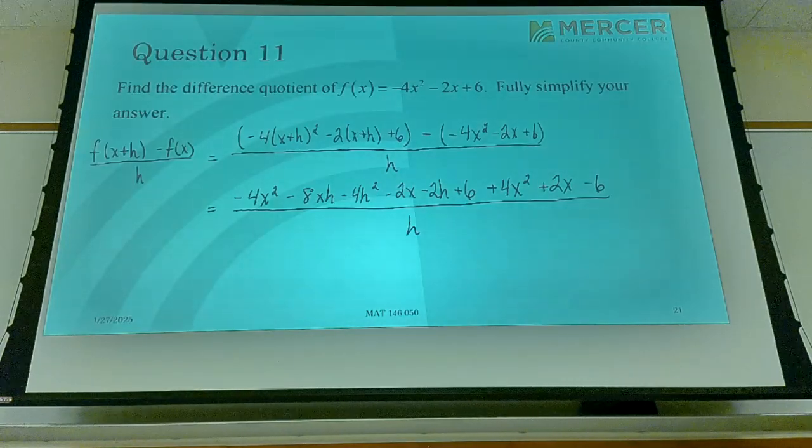Also distributing that negative through. We have 4x squared minus 4x squared, that's 0. We have 2x minus 2x, that's 0. We have 6 minus 6, that's 0. Look at what remains.